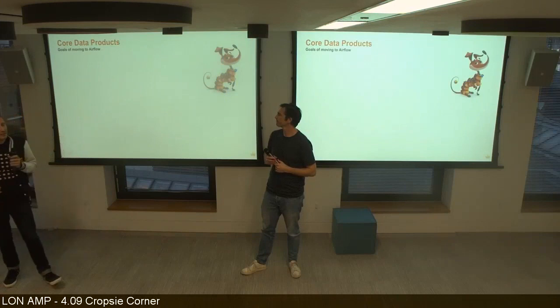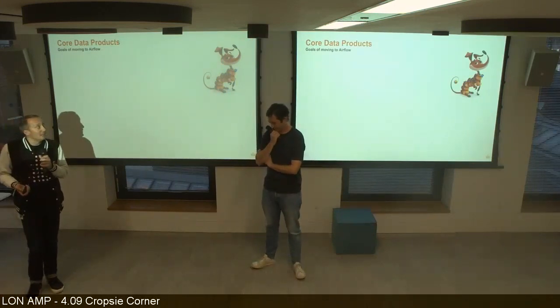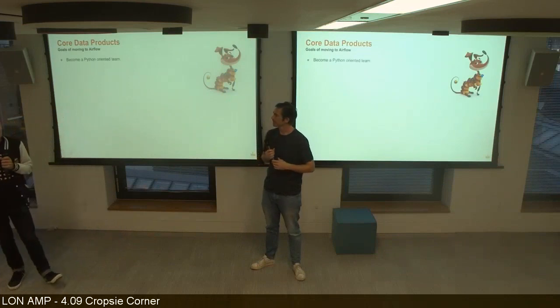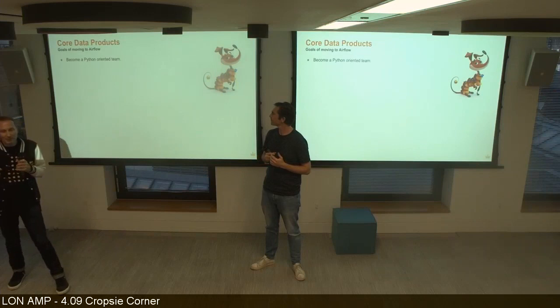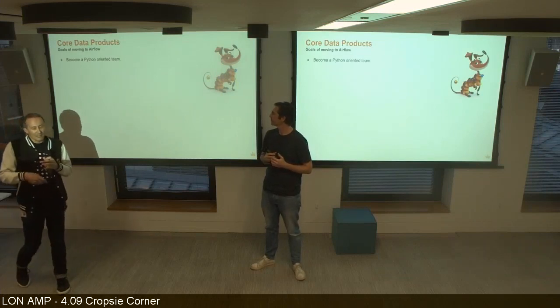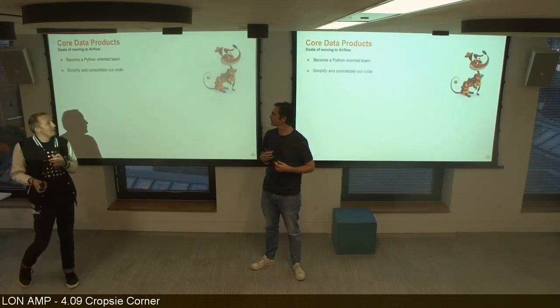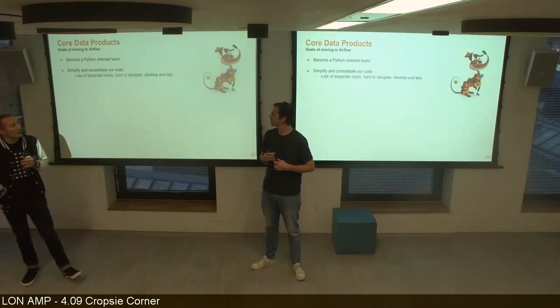So when we decided we wanted to move to Airflow, what were some of the goals that we wanted to get out of that? Well, primarily we wanted to become a Python orientated team. As you saw previously, it was a mixture of different things, and for obvious reasons, moving to Python has lots of advantages. And we really needed to simplify and consolidate all of our code.